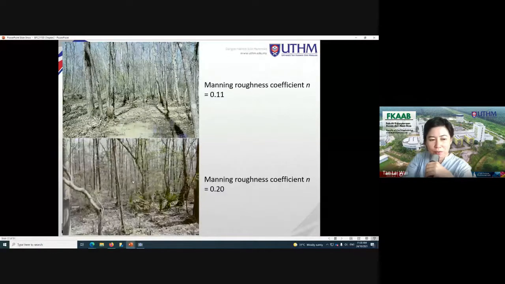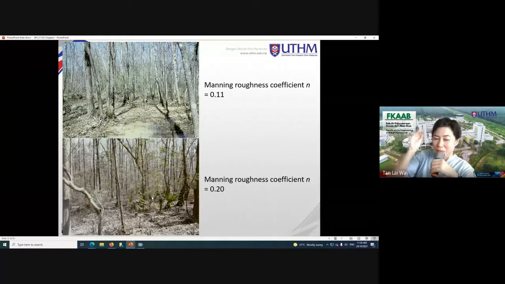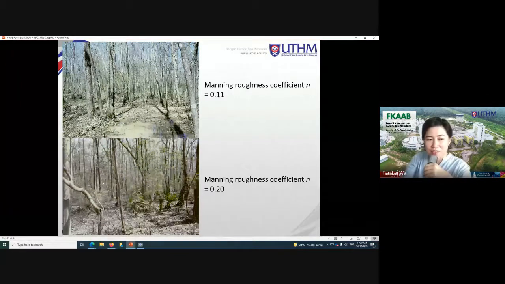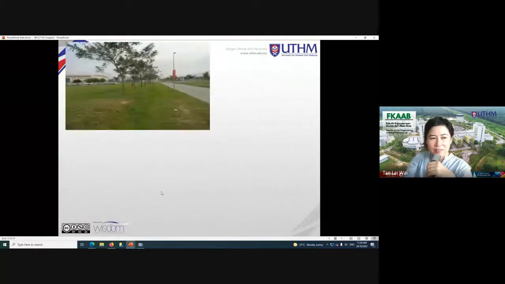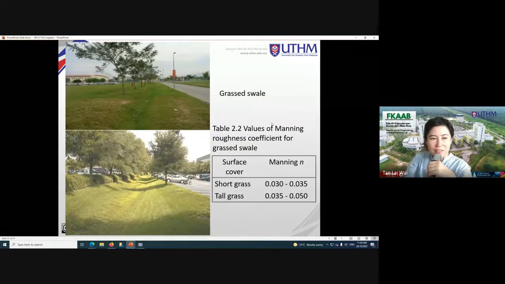You can see all these actually restrict the flow. That means these are the roughness characteristics. This is grass swale. The term is swale, SWALE. So this is a kind of open channel as well, but it's known as swale.